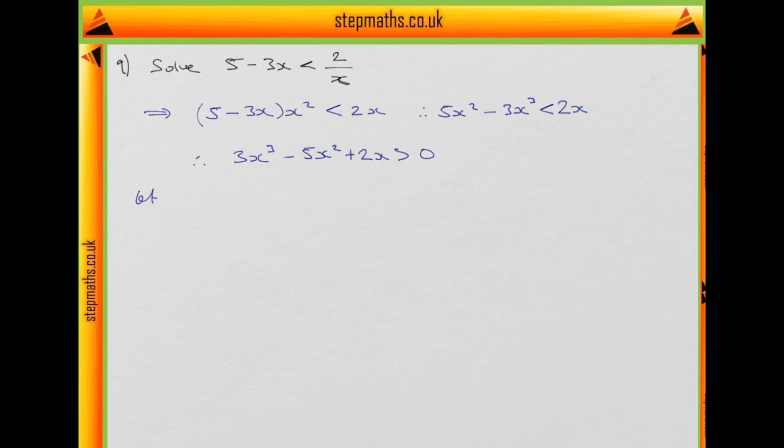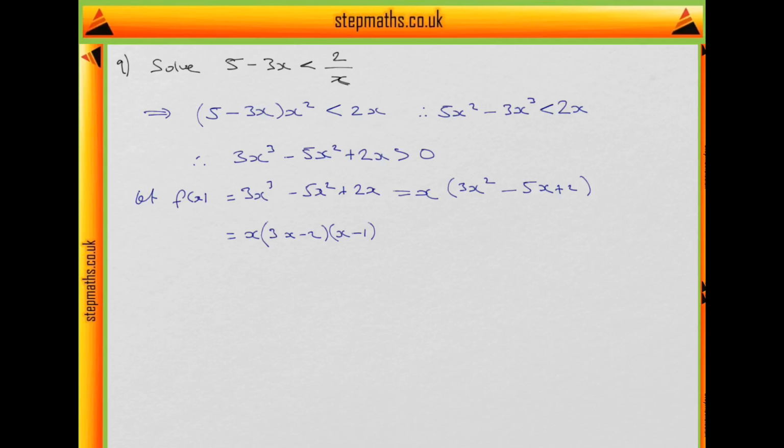So we're going to let f of x equal 3x cubed minus 5x squared plus 2x. And we notice that that factors to x times (3x squared minus 5x plus 2), and that factors into (3x minus 2) times (x minus 1).